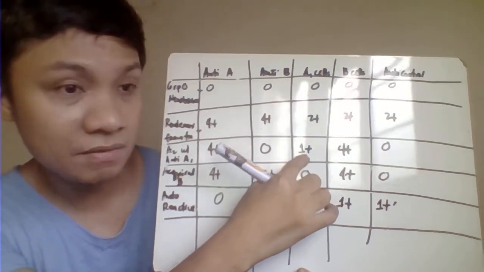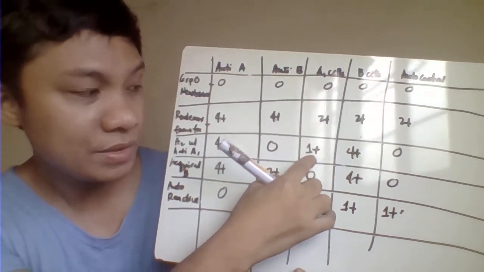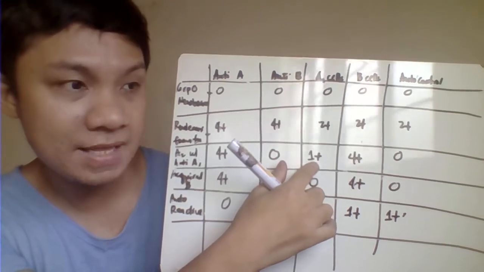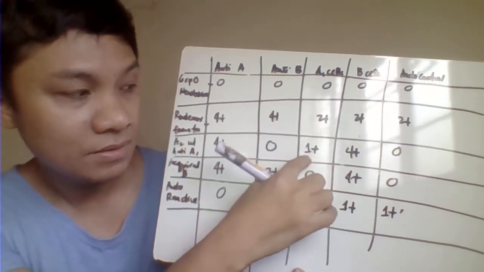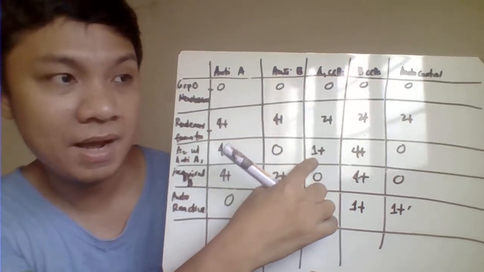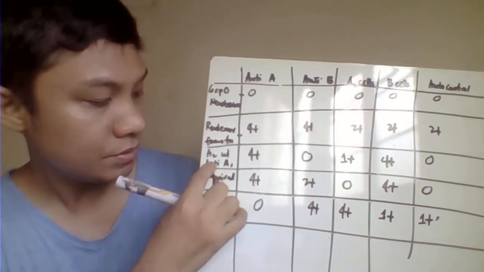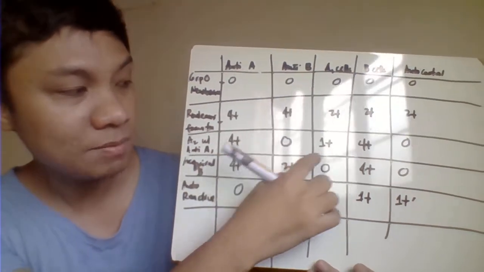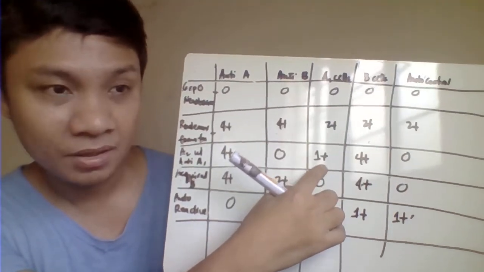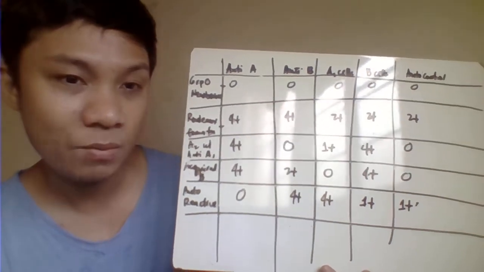But notice here, positive result sa A1 cells, which is unusual for type A, di ba? Your type A will have A antigen and anti-B antibody. So, meron siyang A1 cells na positive, mean to say may anti-A1 siya. So, that's your A2 na individual, since meron siyang anti-A1. Pag A1 siya, wala kang anti-A1 kasi may A1 antigen ka.